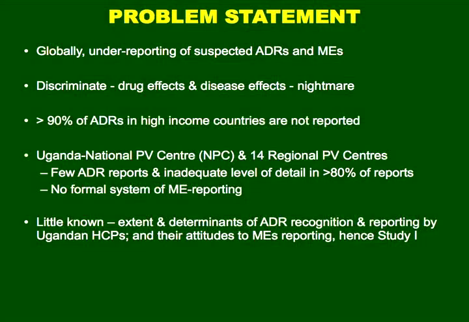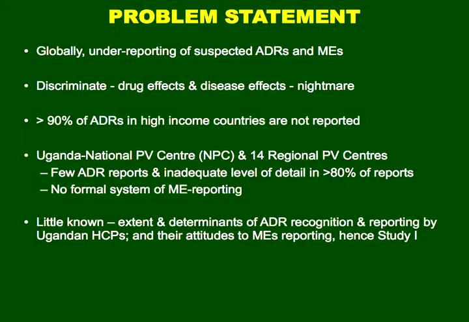In Uganda, a national pharmacovigilance center was established in 2005, and it currently has 14 regional pharmacovigilance centers. The NPC has conducted numerous trainings countrywide, and it has distributed ADR forms, particularly to the regional pharmacovigilance centers.